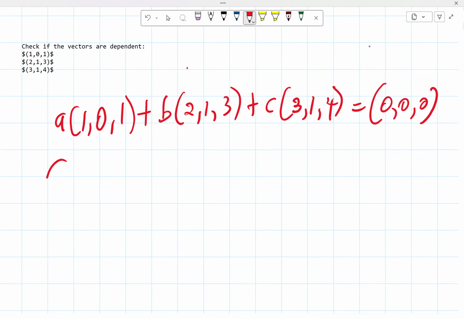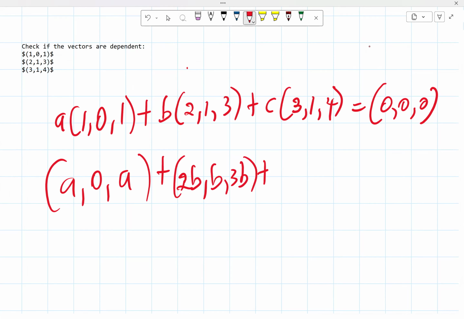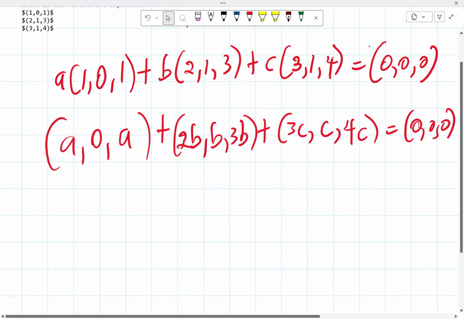So that means you have (A, 0, A) plus (2B, B, 3B) plus (3C, C, 4C) equals (0, 0, 0). Okay? So now from here, we see that we can form three equations.